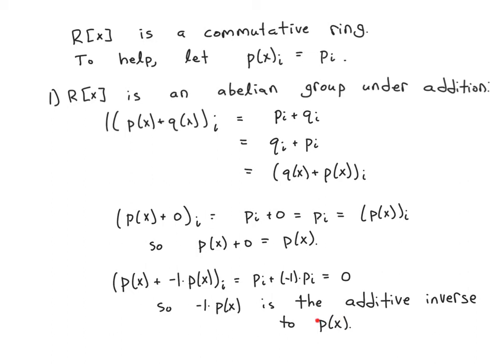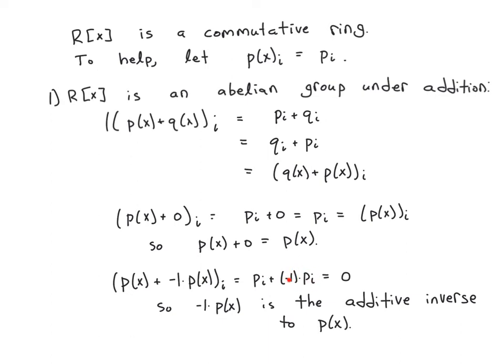Similarly, what is the additive inverse? Well, we've discussed this before. If you have a ring with a unit, or you think you have a ring with a unit, then it's clear that -1 times r better be the additive inverse. So let's check that. The ith coefficient of this sum has to be p_i plus -1 times p_i.